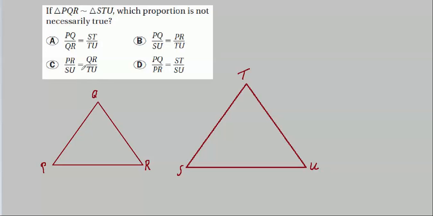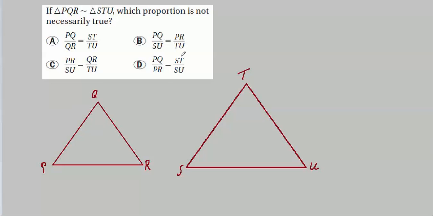PR over SU, that's just what I was talking about, and QR over TU. Okay, here we have the ratios of the corresponding sides are the same, and that's what this statement says. So this is true. PQ over PR, PQ, PR, ST, SU. Well, let's try swapping the means again and see what happens.